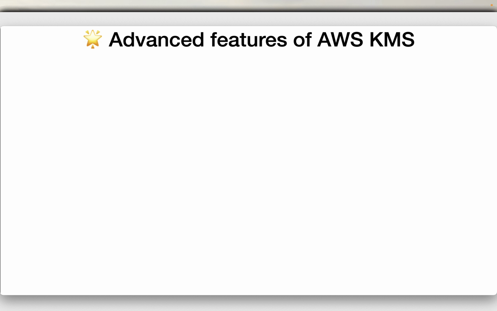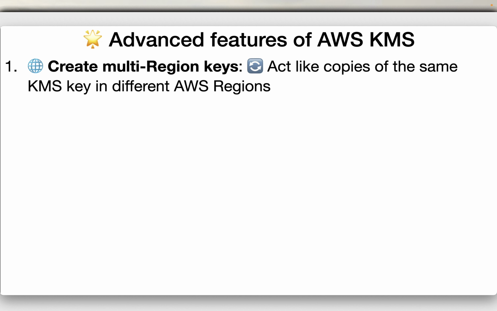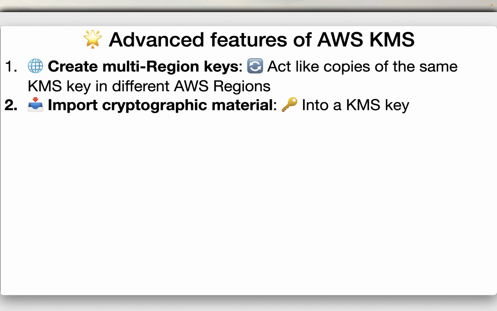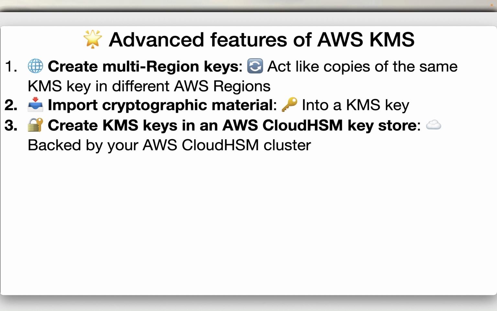Next, we'll see some advanced features of AWS KMS. Create multi-region keys, which act like copies of the same KMS key in a different AWS region. Import cryptographic material into a KMS key. Create KMS keys in an AWS CloudHSM key store backed by your AWS CloudHSM cluster.